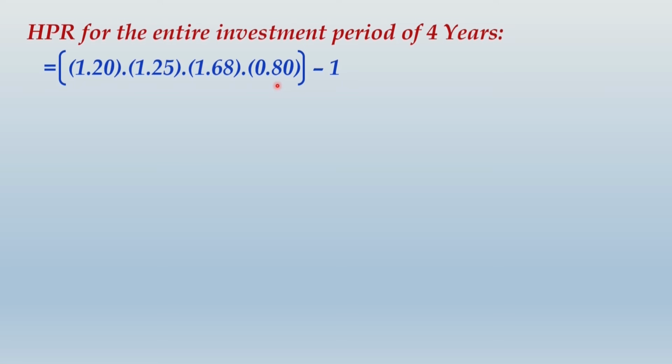So when you take 1 plus HPR for 4th year, it is basically 1 plus negative 0.2, that makes it 0.8. From the product of these 4 factors you subtract 1 to arrive at the HPR for the 4-year holding period. That will come to what? 2.0160 minus 1, it will be 1.0160. That means your overall holding period return for 4 years is 101.60%.